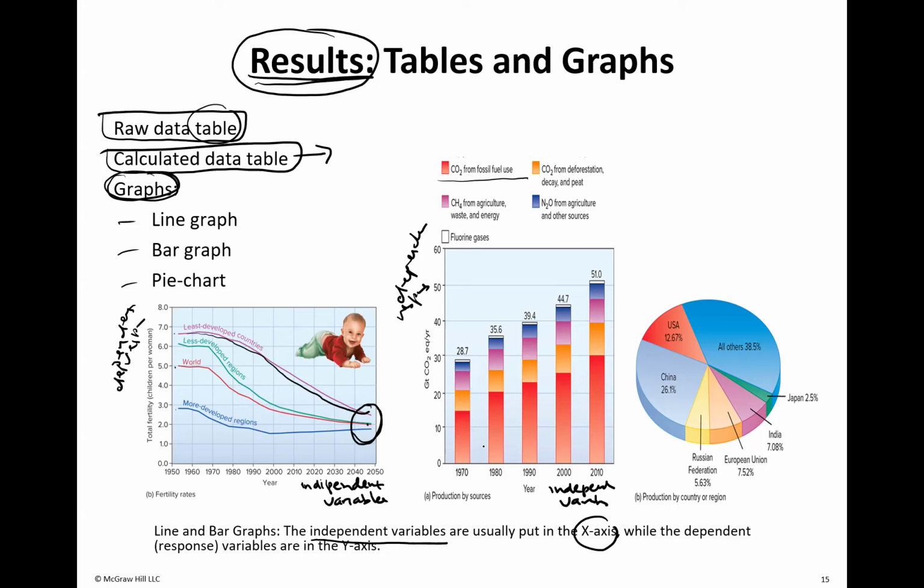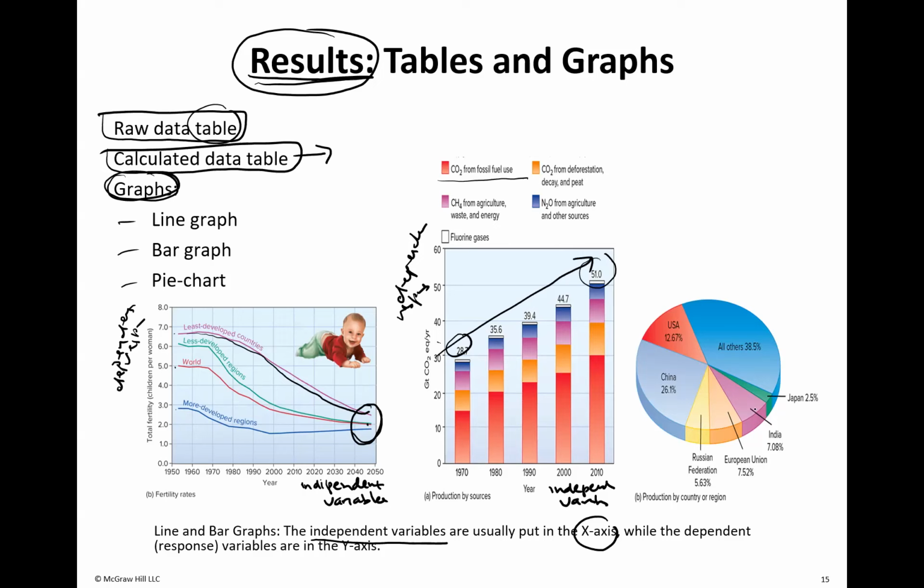In 1970, for example, it is about 30, and then it is increasing to close to 50 in 2010. So there's a trend of increasing production of greenhouse gases.